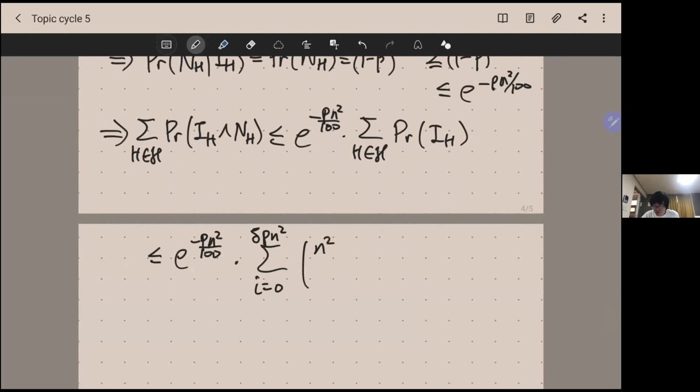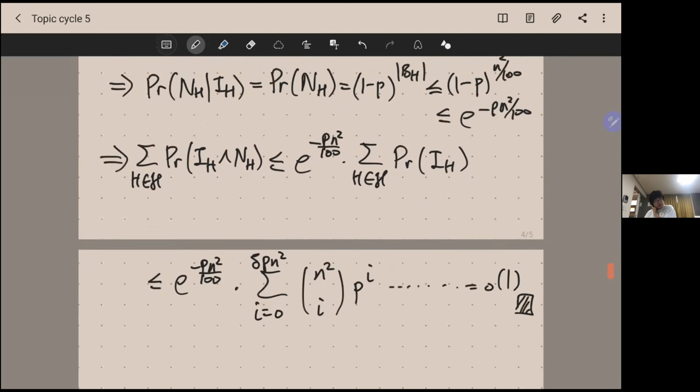Then I have to choose, among n choose 2 positions, let me just write n squared, I of them to be the edges of h. Then they all have to be included in the random graph. So this is a crude upper bound, which is enough. This basically is the math part. The remaining is calculation, and it becomes 1. I will skip the calculation.